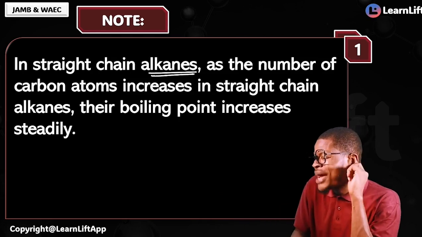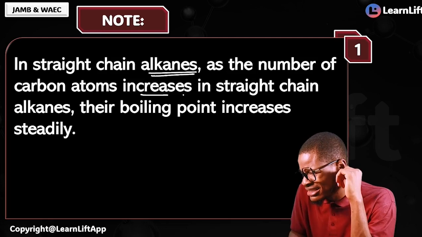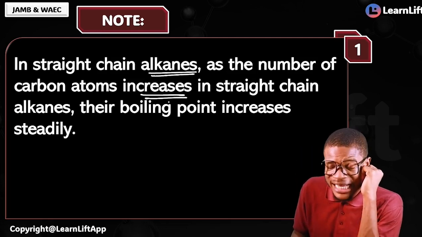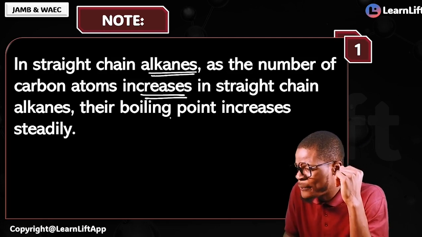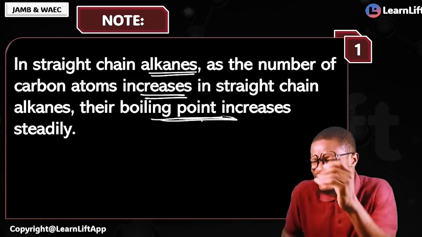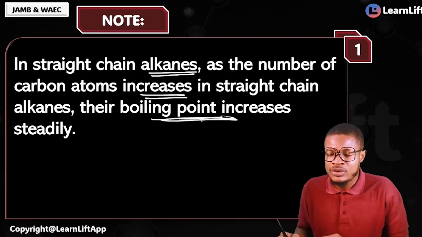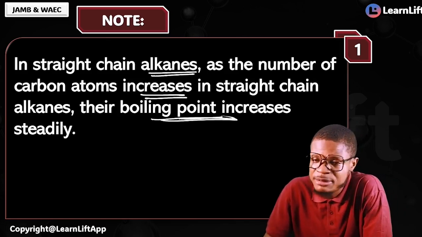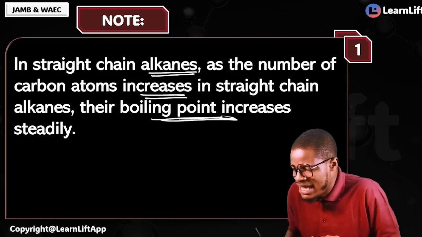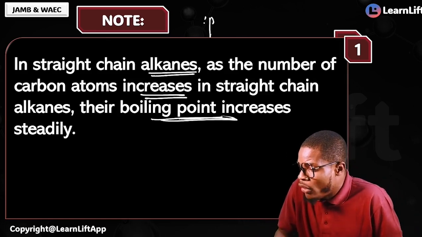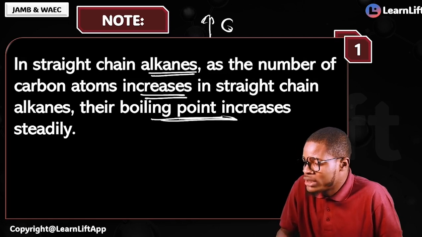As the number of carbon atoms increases, what happens? Especially in only straight chains, the boiling point increases steadily. The reason why people fail JAMB is because they are not prepared. Come on. In your straight chain alkanes, as the number of carbon atoms is increasing, what is happening?